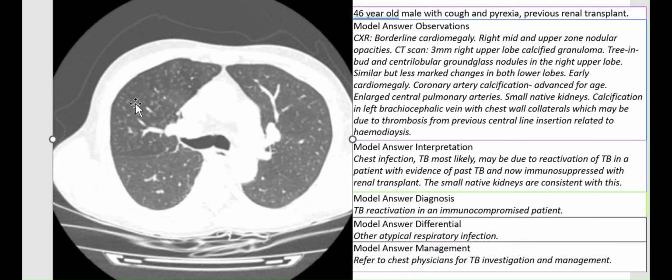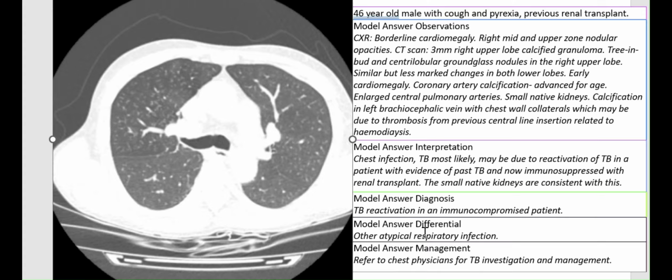The patient is immunosuppressed from the renal transplant, so he has developed reactivation of TB. So the diagnosis here is TB reactivation in an immunosuppressed renal transplant patient.